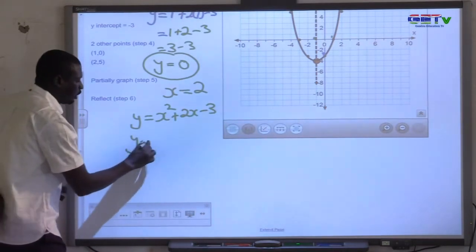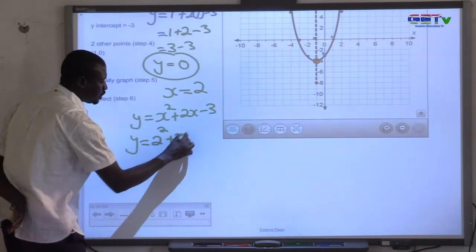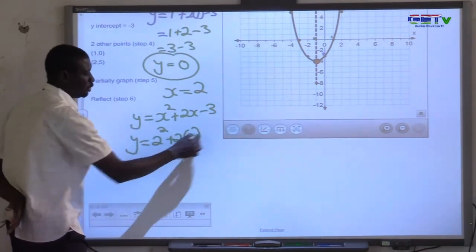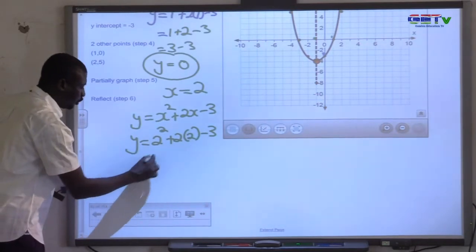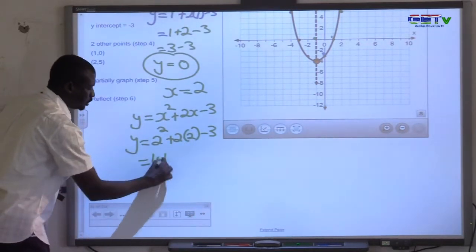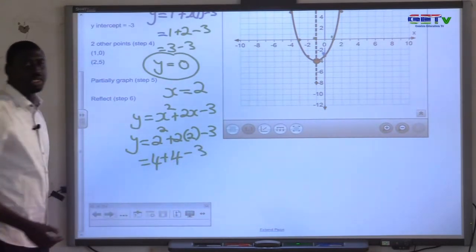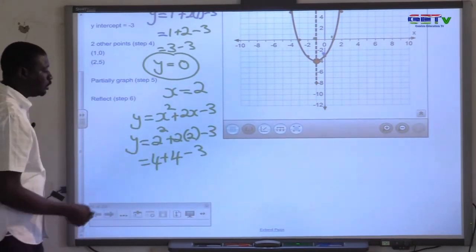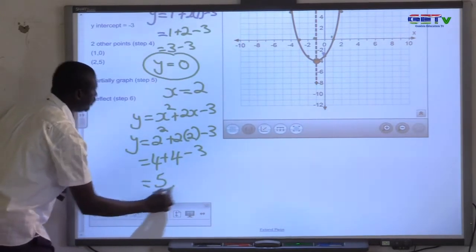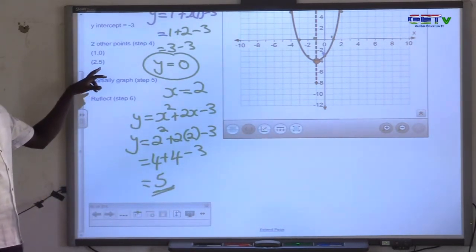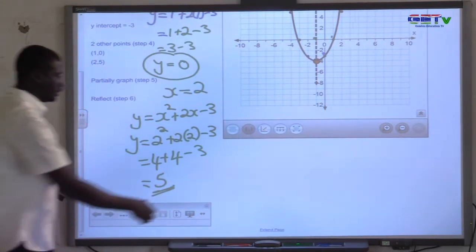So y will be equal to 2 squared plus 2 times 2 minus 3. 2 squared will give us 4. 2 times 2, the same 4. If we add the 2, that will be 8. 8 minus 3 will give us positive 5. So we have when x is 2, y is 5.